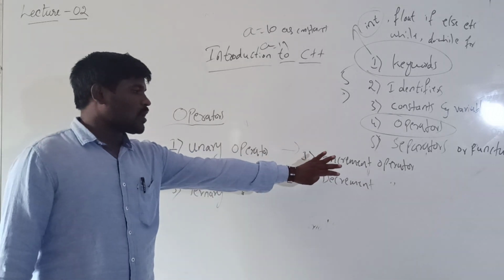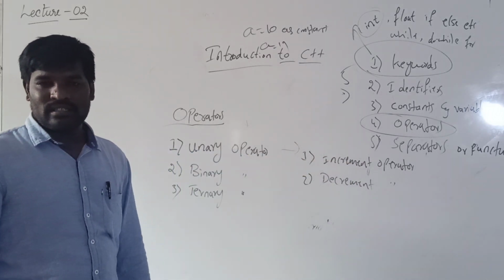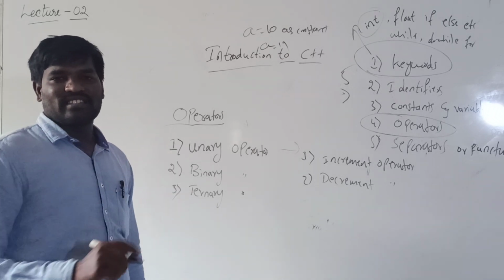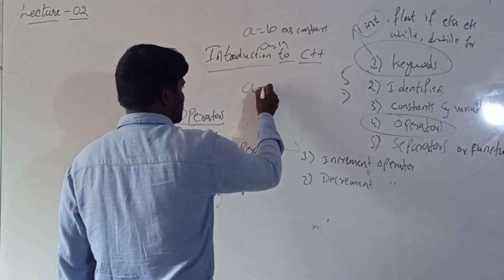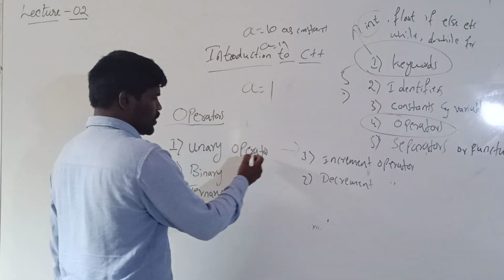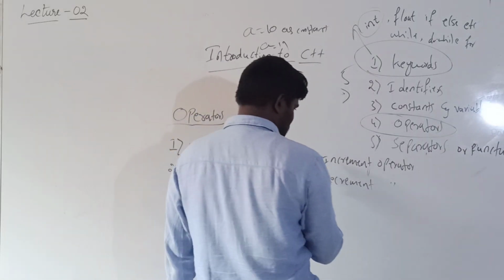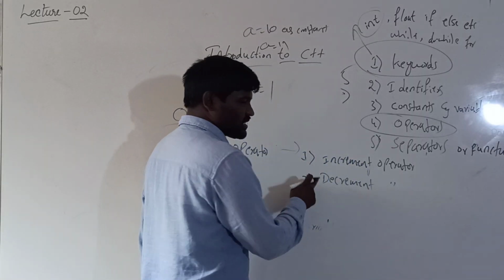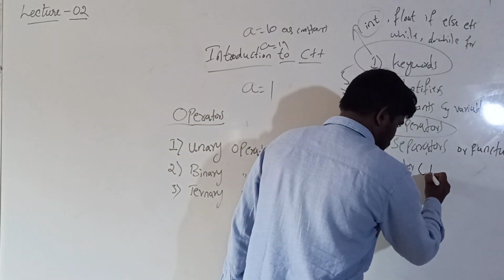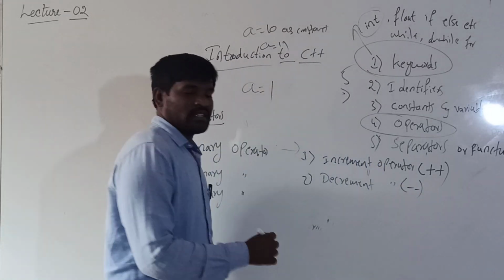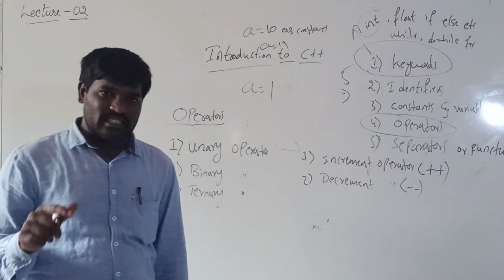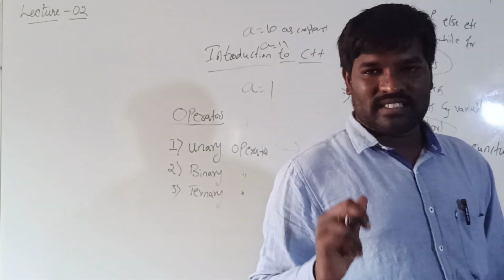Increment operators increase the value of the operand by 1. The symbol of the increment operator is two times plus, plus plus, and the decrement is two times minus, minus minus. You have to write the two plus symbols or two minus symbols together.